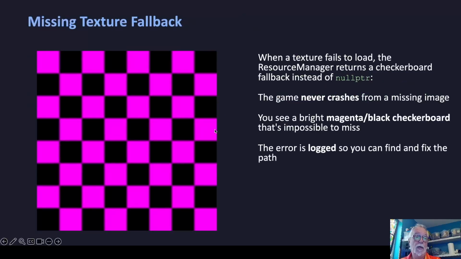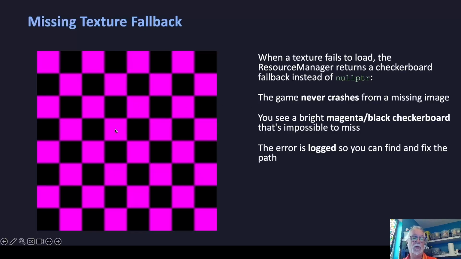Now, I mentioned earlier this missing texture fallback. If you fail silently, it's going to be really difficult to debug when there's a missing texture. So I've added a feature which is the missing texture fallback. It won't crash. You'll get this horrible texture in your game.